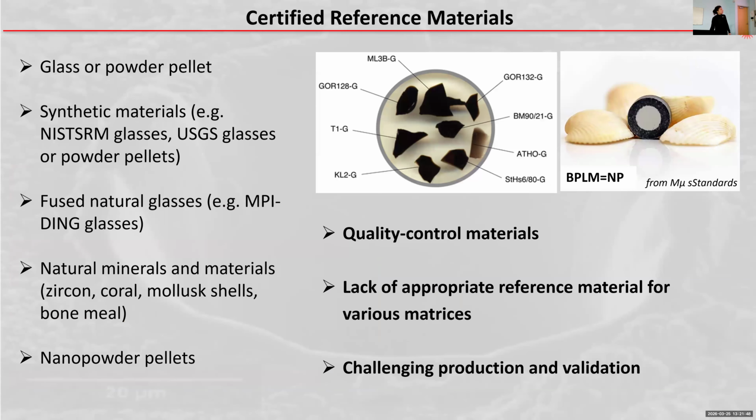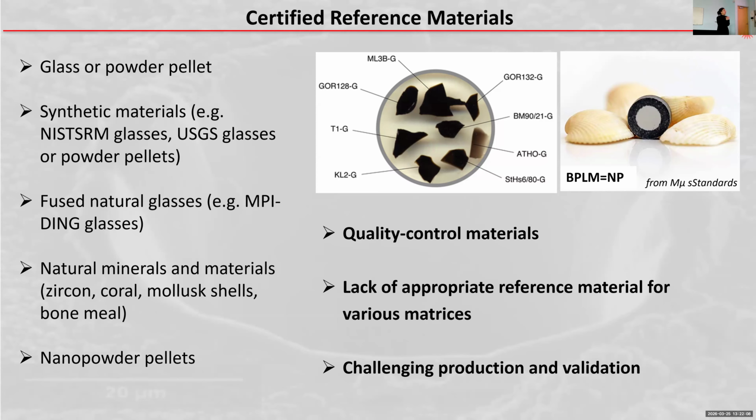So there is a whole research field whose people have dedicated their lives to making standards, laser ablation standards. There are synthetic standards, natural standards, and glass standards, natural and synthetic, that are fused to glass.